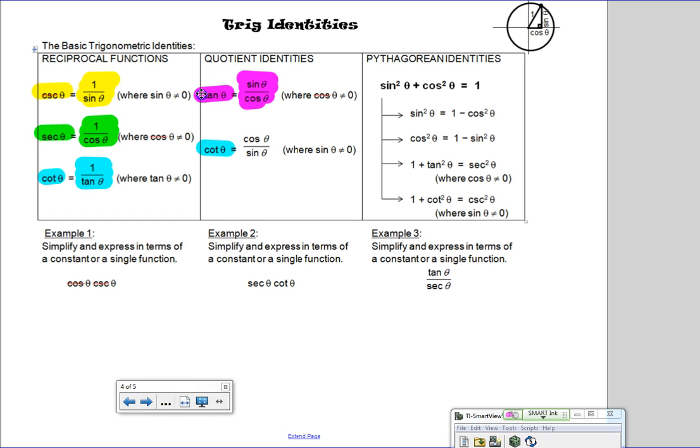So you're like, oh my God, how am I going to remember these? Well, cosecant is sine flipped is easy. The secant is cosine flipped. That's kind of easy. And then to memorize that tangent is sine over cosine, just go back to SOHCAHTOA.